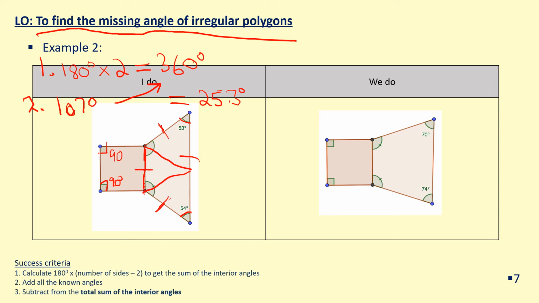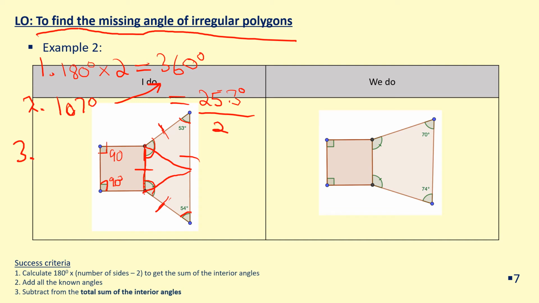Each of the 2 missing angles left in this quadrilateral, they can't both be worth 253 degrees. This 253 degrees is going to have to be divided by 2. So that would essentially be our third step here, where we divide that by 2.